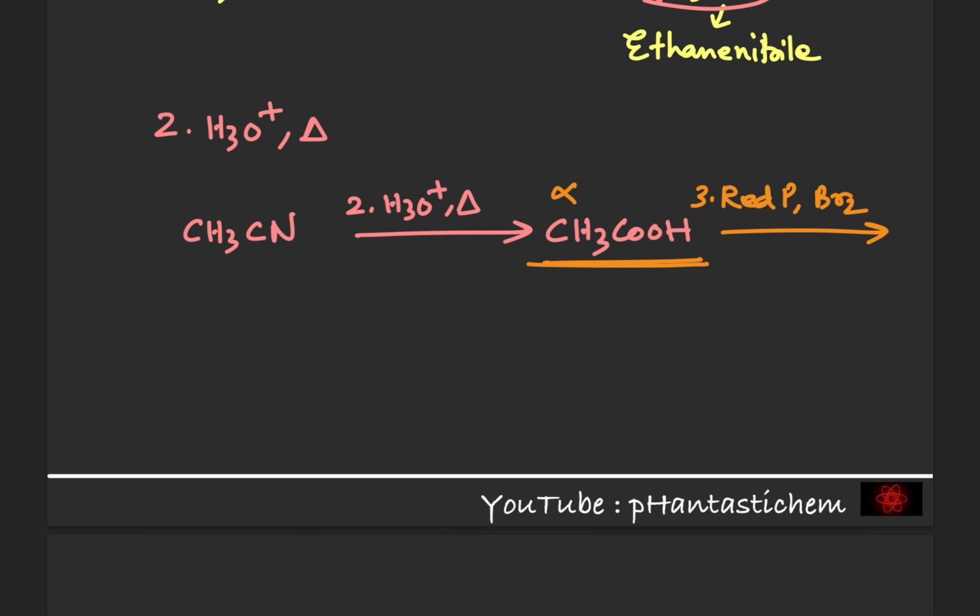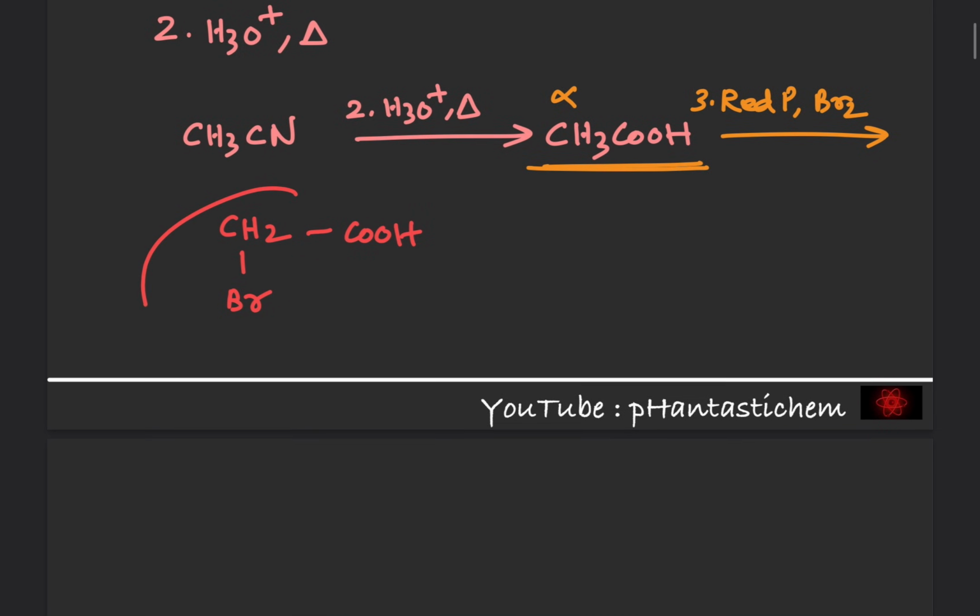So I will be getting CH2BrCOOH. Okay, so in this, hydrogen atom from the alpha position is replaced by a halogen. Okay, so these guys in general are known as alpha bromo carboxylic acids.